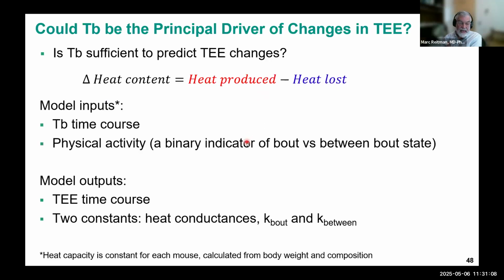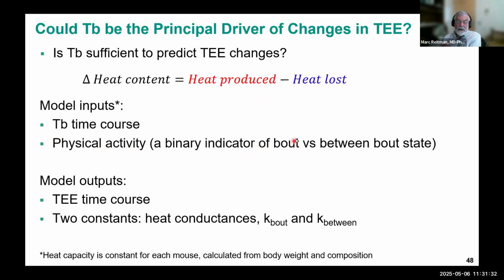And when you do that, you make a model, the only inputs to the model, the only varying inputs were the body temperature time course and physical activity. And physical activity was used as a binary indicator of bout versus between bout. It wasn't used for the energy content of the physical activity.